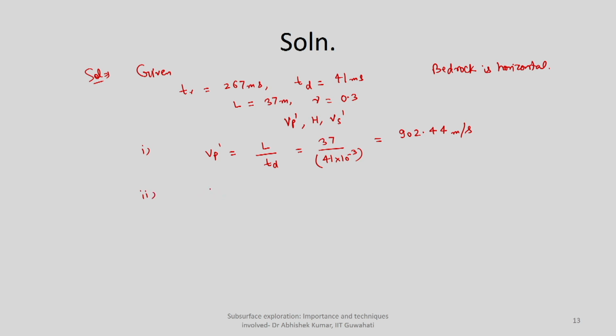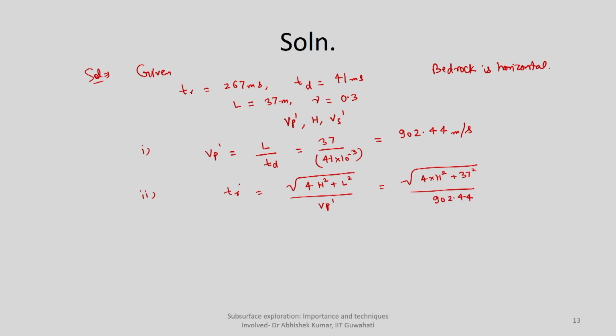Now, second one, you are interested to find out the thickness. You can directly determine the thickness H from Tr equals square root of 4 times H square plus L square, over Vp1. That is square root of 4 H square plus 37 square, over Vp1 which is 902.44.